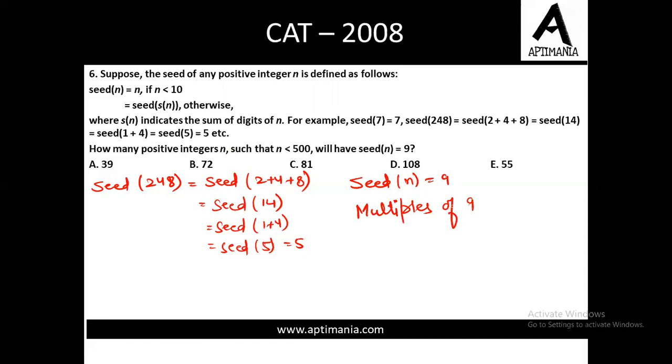So all that you need to calculate is the number of multiples of 9 in the first 500 natural numbers, right? So we simply divide by 9, and we get 55 point something. So 55 integers will follow the given condition. So the correct answer for question number 6 is option E, 55.